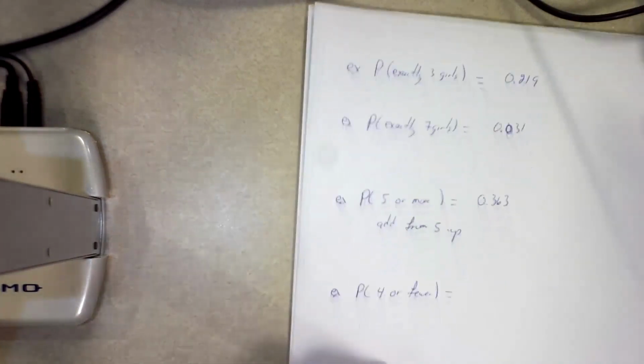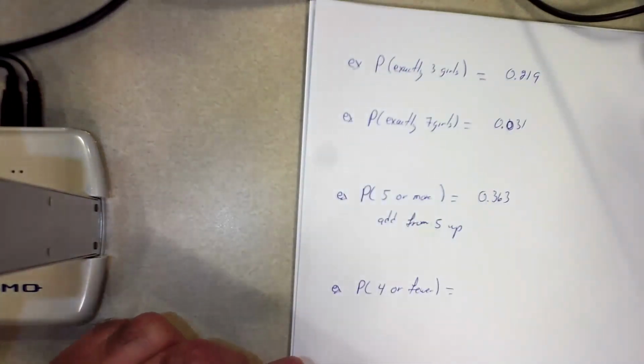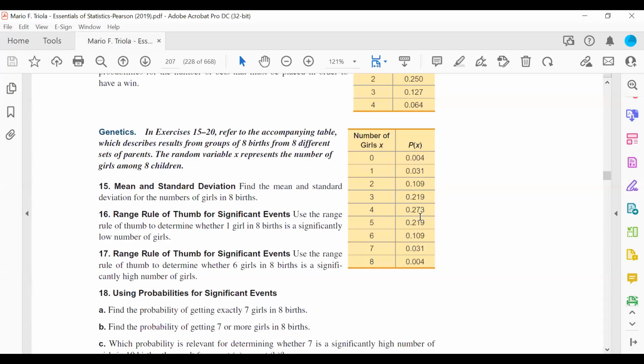What about if I ask you to find the probability of 4 or fewer? Let's go to my table. 4 or fewer. So I'm starting at 4 and going down. I have to add 0.273, 0.219, 0.109, 0.031, 0.004.